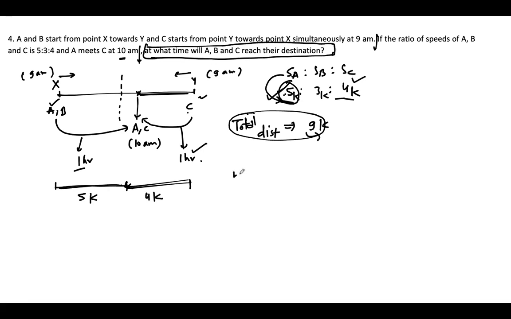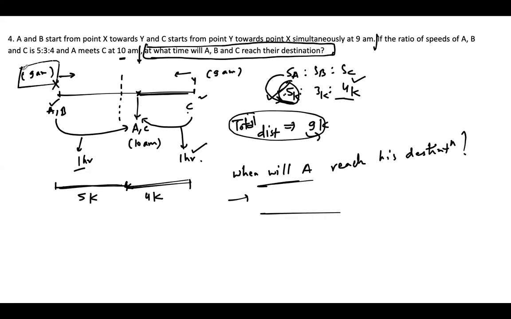Let's find out for A. When will A reach her destination? Time is equal to distance divided by speed. In the initial scenario, A is here at 9 a.m. and needs to cover 9K. So time is distance divided by speed, 9K by 5K, so 9 by 5, which is 1.8 hours.